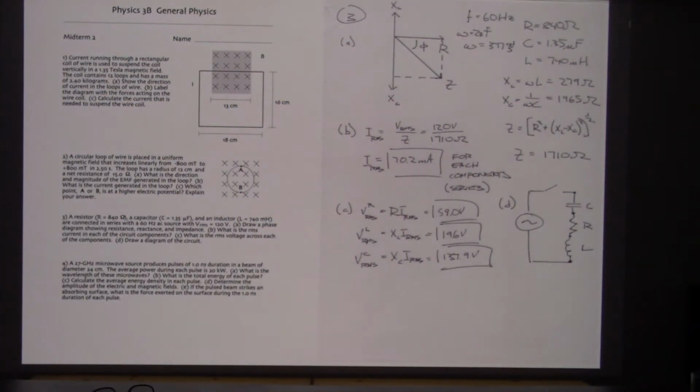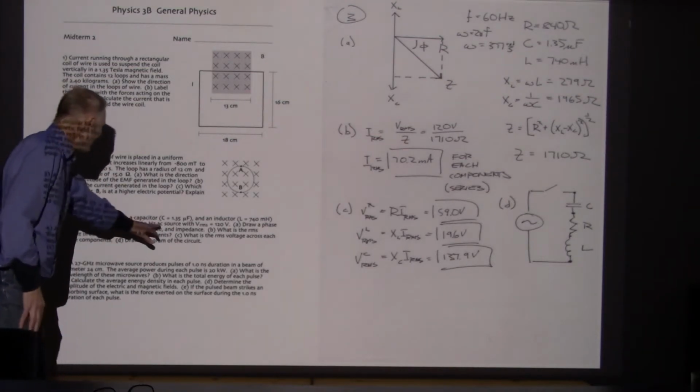Do I have an AC power supply, which it should tell you? Or do I have no power supply at all? That's going to really determine how you solve the problem.